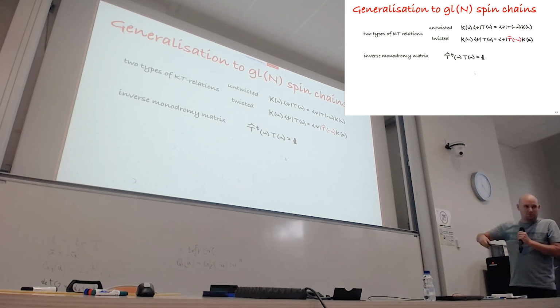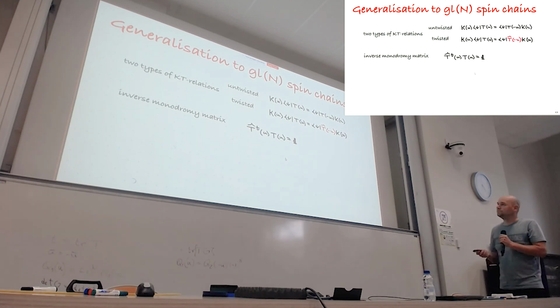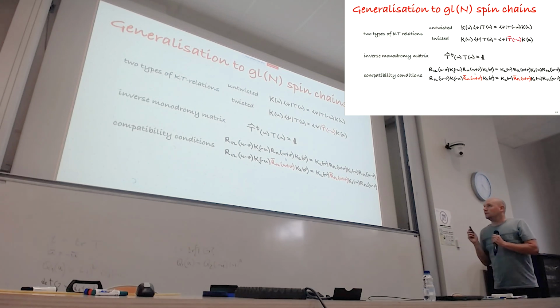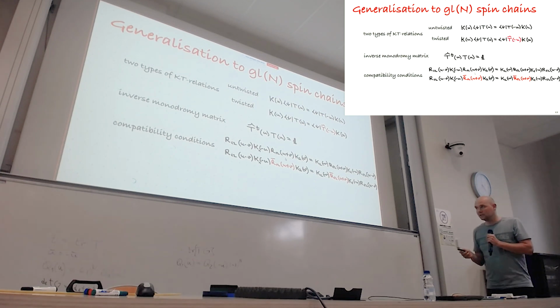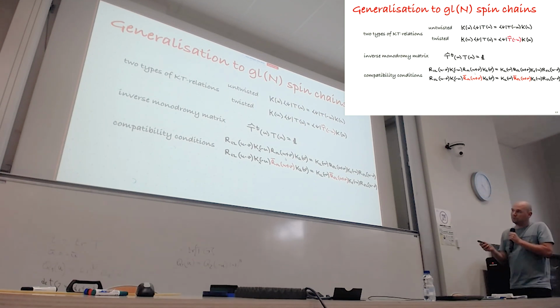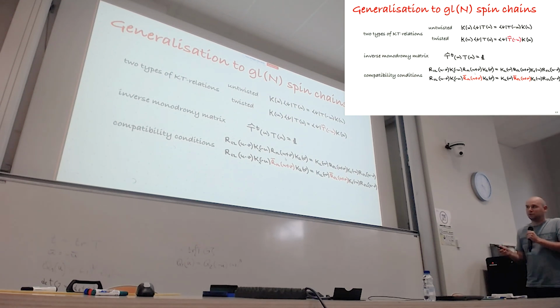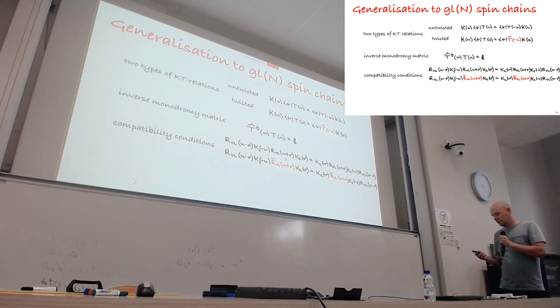And this also satisfies the RTT relation. Okay, and we can do the same calculation as before and derive the compatibility condition with the RTT, and we obtain two types of reflection equation, the usual boundary Yang-Baxter equation and the twisted boundary Yang-Baxter equation.